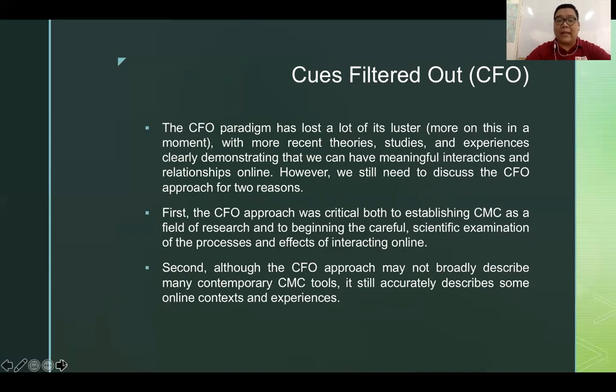Now, the CFO paradigm has lost a lot of its luster. More on this in a moment, which I will be discussing in the next slides, with more recent theories, studies, and experiences clearly demonstrating that we can have meaningful interactions and relationships online.